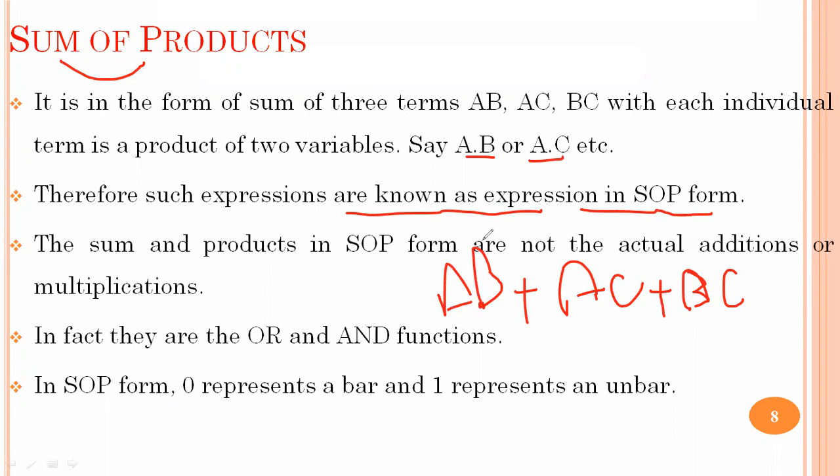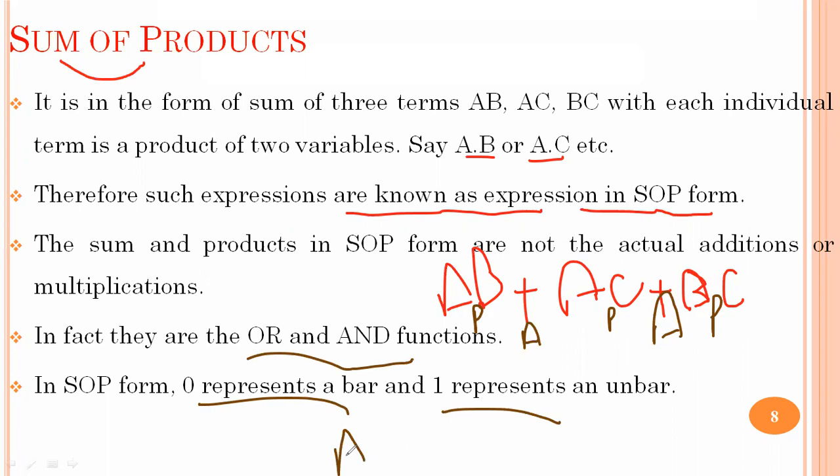So here the product is being implemented. Here it is product, product, product, and we are doing the addition of the products. So in fact, they are AND and OR functions. And in SOP, 0 represents a bar, whereas 1 represents an unbar.